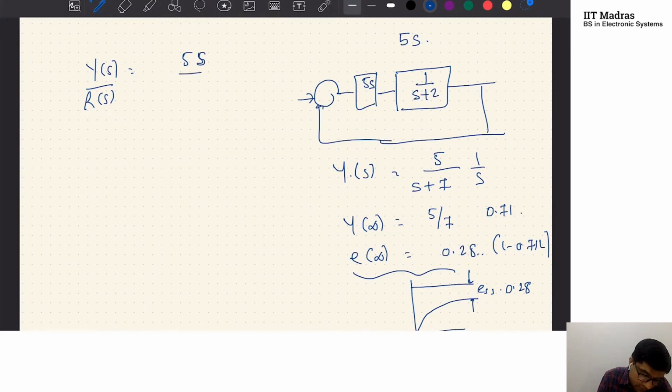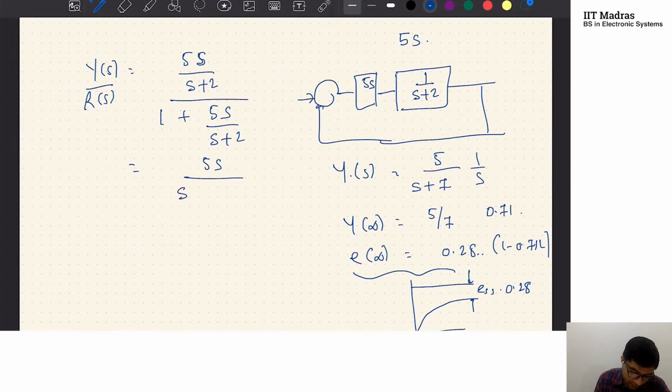This is 5s over s plus 2, over 1 plus 5s over s plus 2. So there is a 5s in the numerator. I have s plus 2 plus 5s. So this is 5s over 6s plus 2.